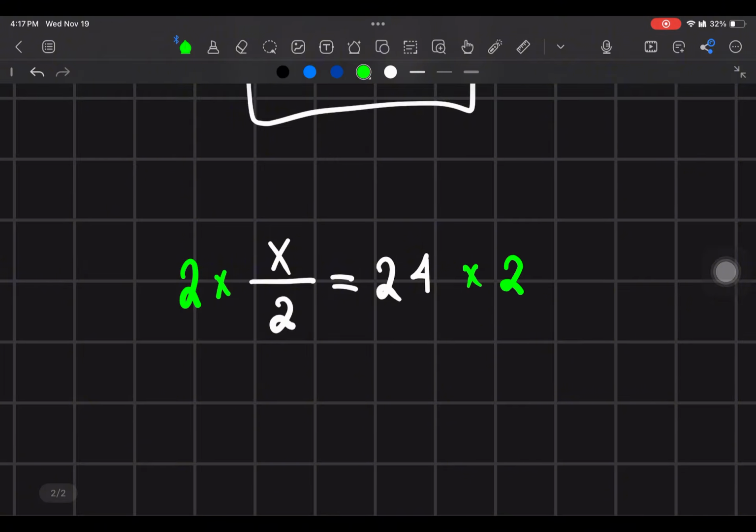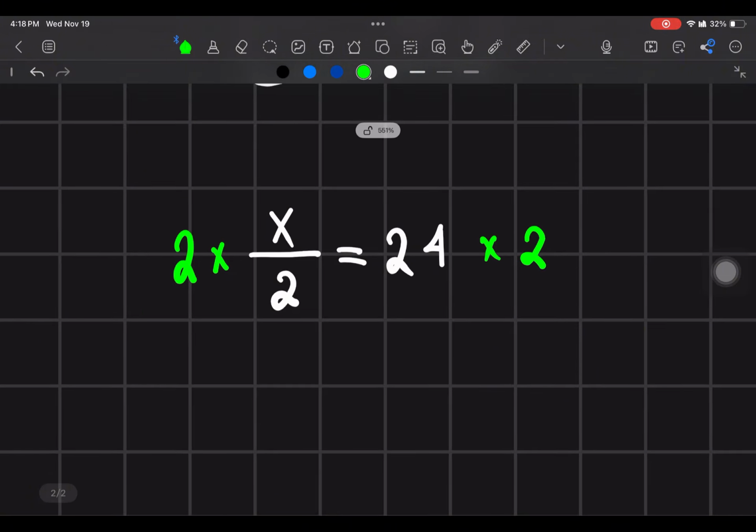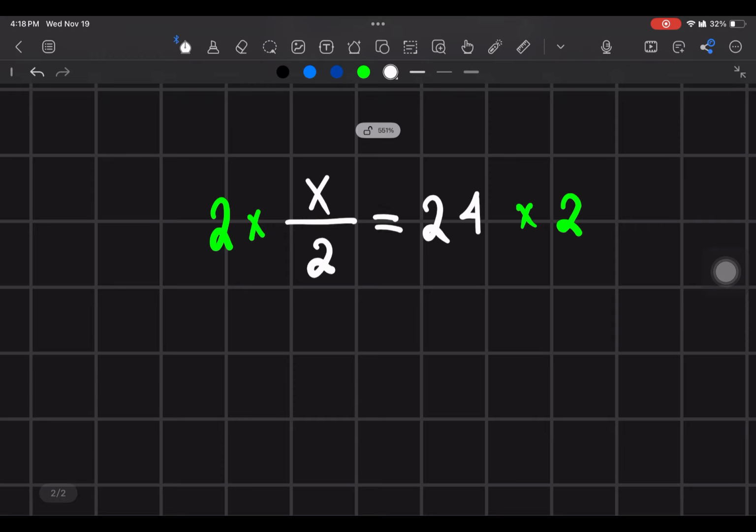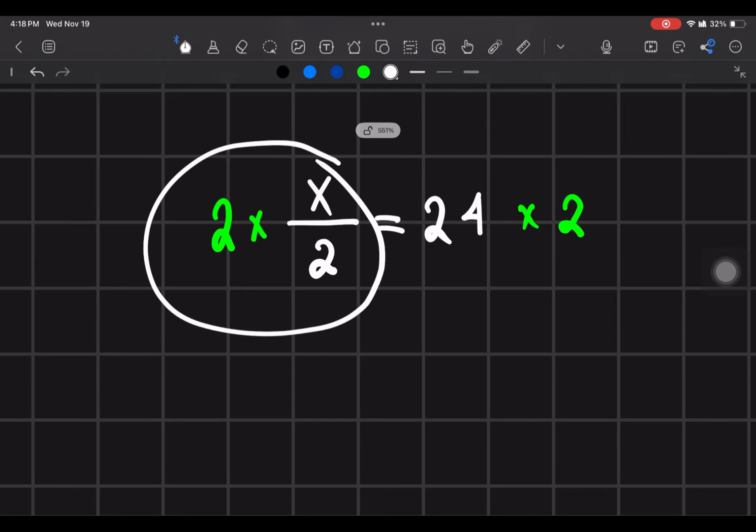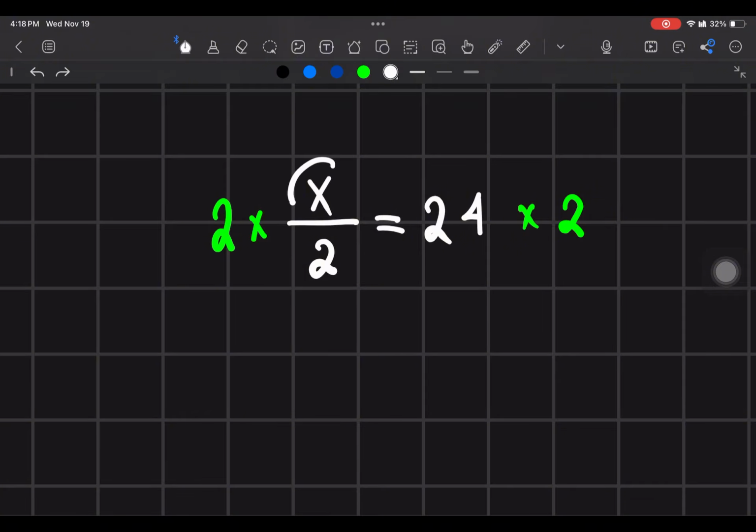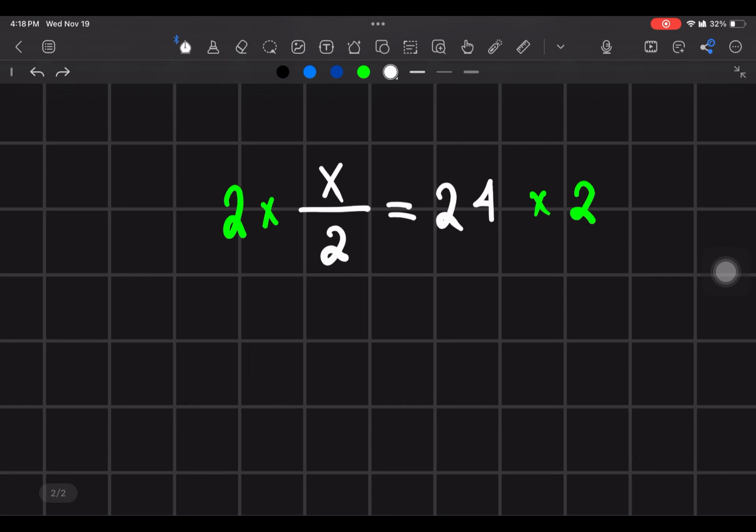So why do we multiply both sides by 2 in this case? If we look at our left-hand side here, let's focus here because that is where our variable is. This is the same as 2 over 2 times x.